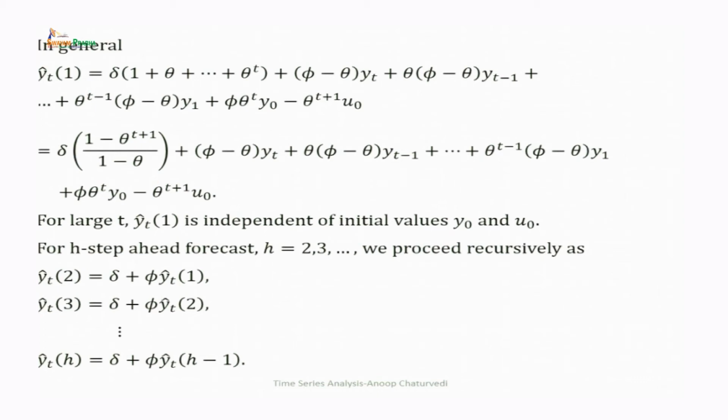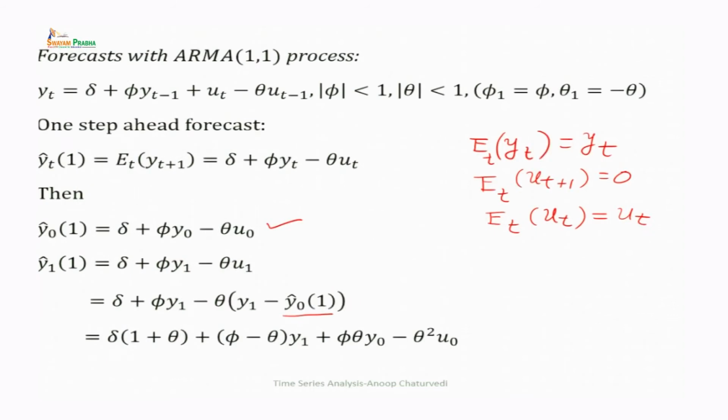Then for the h step ahead forecast, when you take h equal to 2, 3, and so on, say y hat_t(2) is equal to expectation_t of y_{t+2}, and y_{t+2} you write from the equation of the process: delta plus phi y_{t+1} plus u_{t+2} minus theta u_{t+1}.